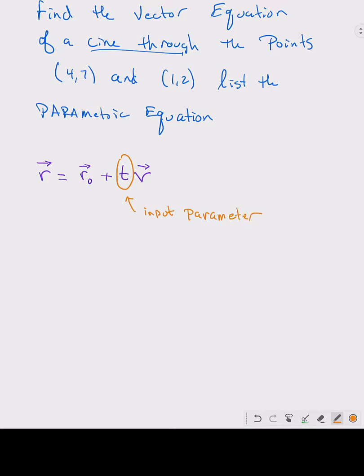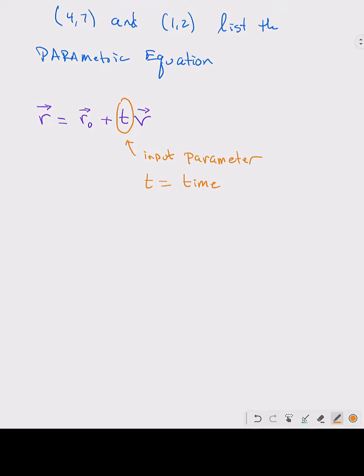Usually we use t because t equals time. When we parameterize a line, or any curve, usually we're parameterizing it in terms of time. It doesn't have to be that way, but that's the most common.